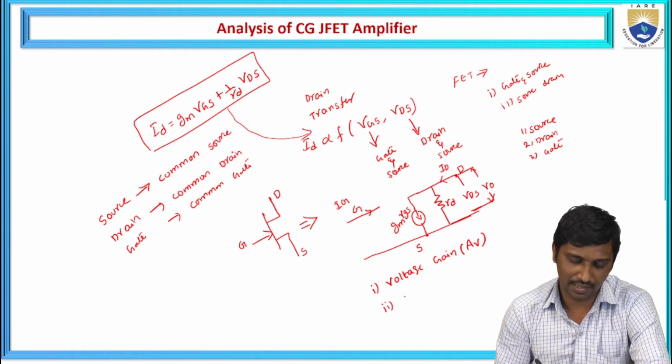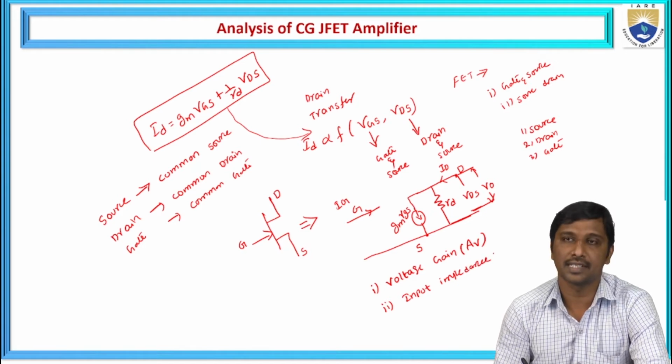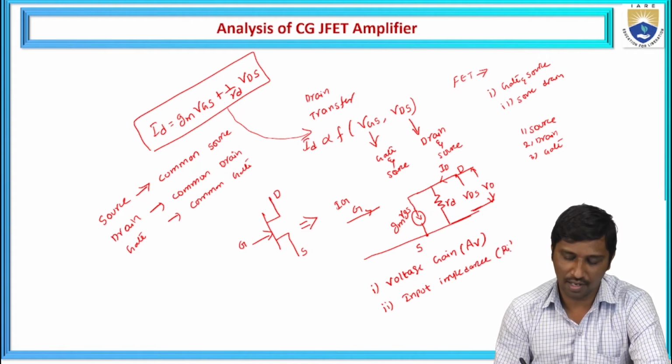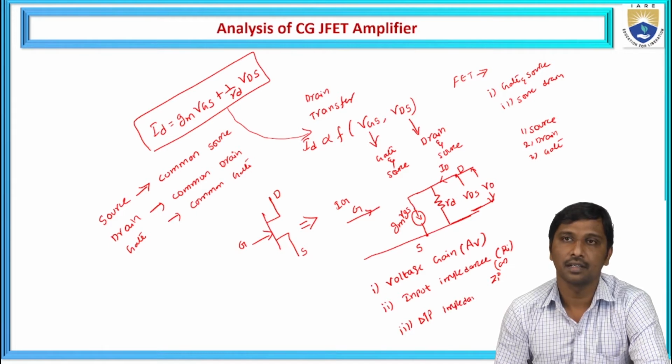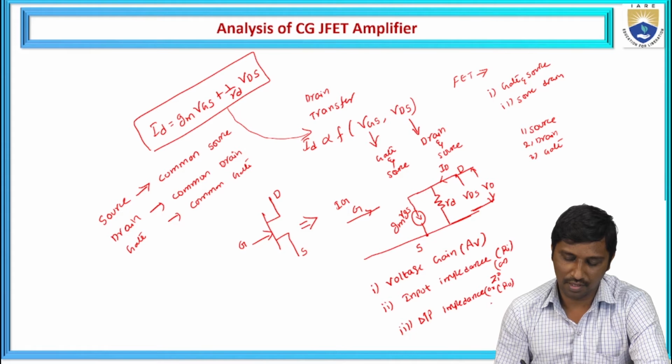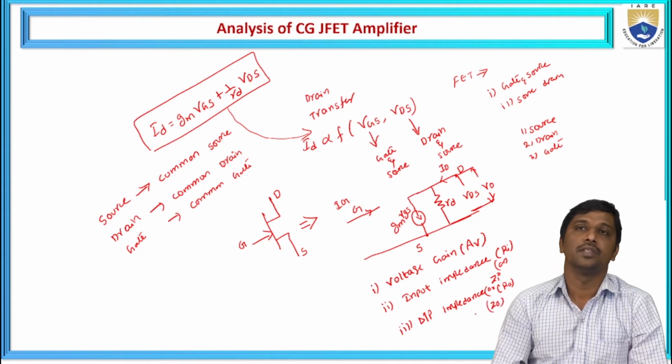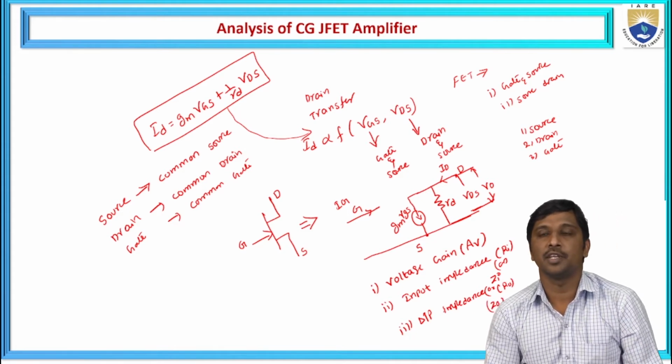The second is input impedance, also called input resistance, either RI or ZI. And the third parameter is output impedance, also called R0 or Z0. So these are the three parameters we need to find out.